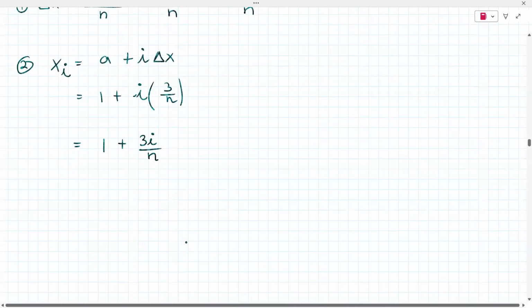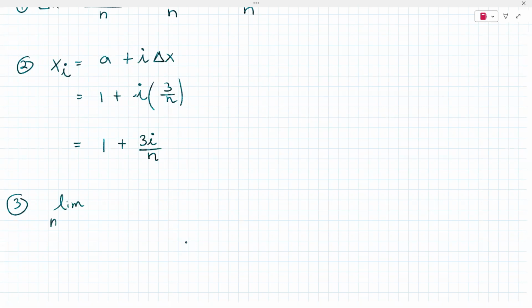Okay. Step 3, set it up. So it's going to be the limit as n approaches infinity of the sum from i equals 1 to n. And then what we're going to do is replace x with xi, right?